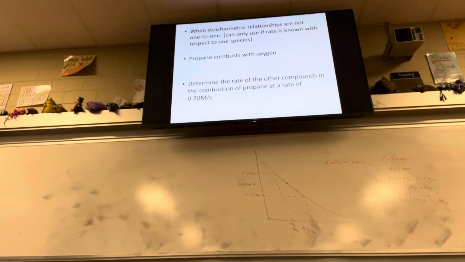So, when we have a reaction and the stoichiometry ratios between the reactants are not 1 to 1, we have to do a little more work behind the scenes. We can only use the stoichiometry ratios, the coefficients from balancing, if we don't have other data.